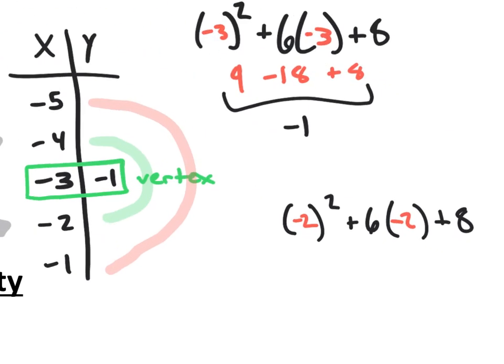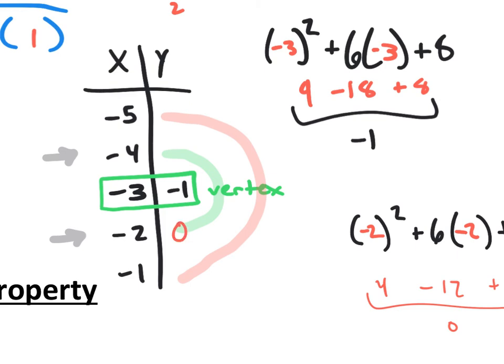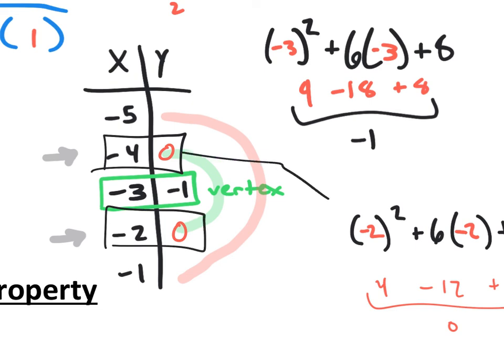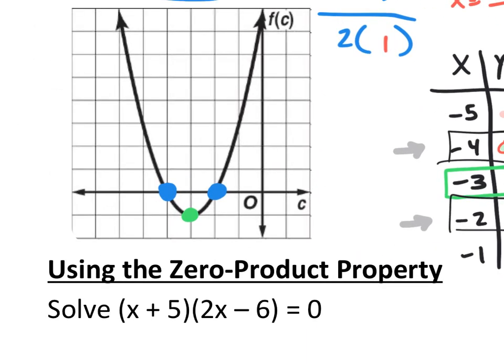And when we did that, we'd get a 4 minus a 12 plus an 8. All this would have become a 0, which would have told us we have a 0 here and a 0 here. These two spots would have been our solutions because it's where y was 0 in the y column. And it was these 2 points right here.